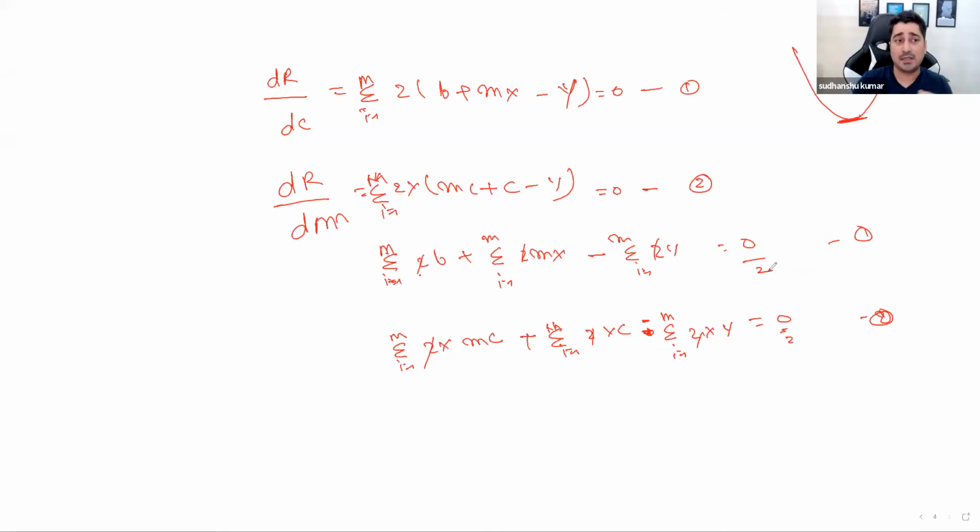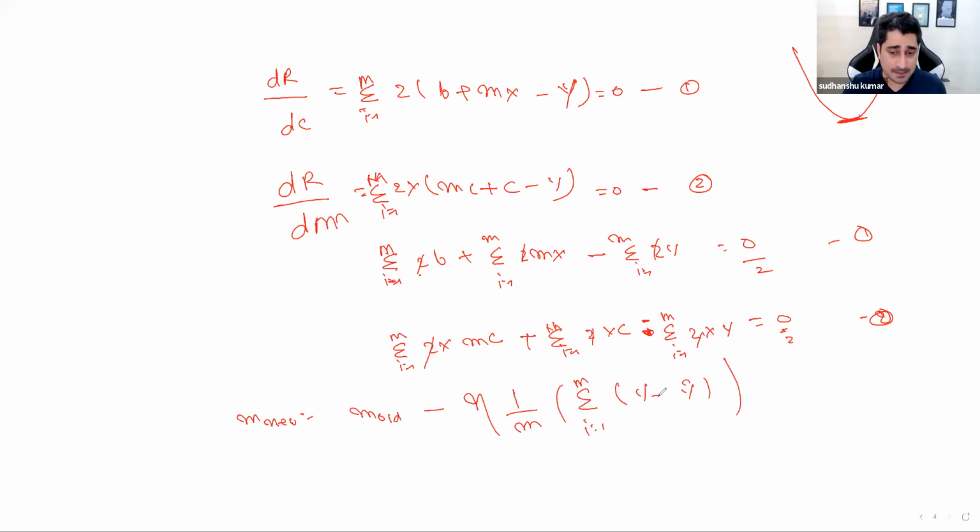So how is it going to find the next value of m? Here m new is nothing but m old minus alpha, or somewhere you will find eta, of 1 by m, where m is the total number of data points, summation of i to m, y minus y hat. This is something that you will see.